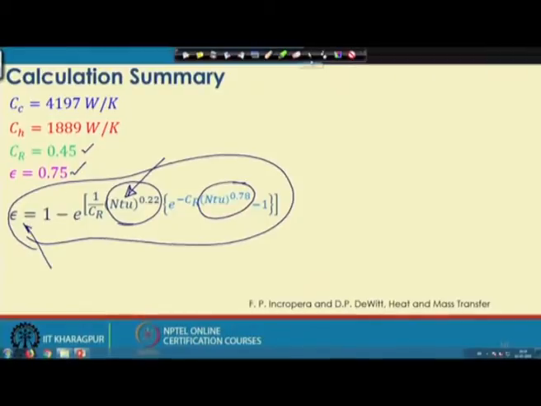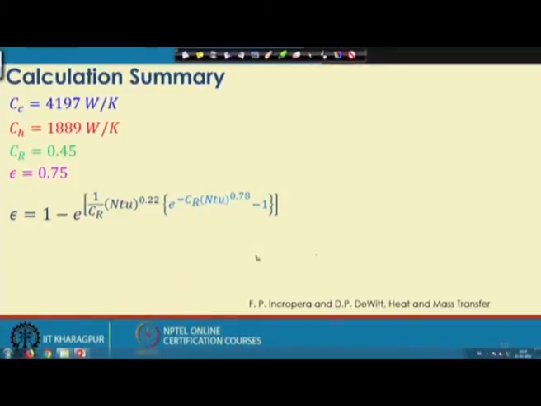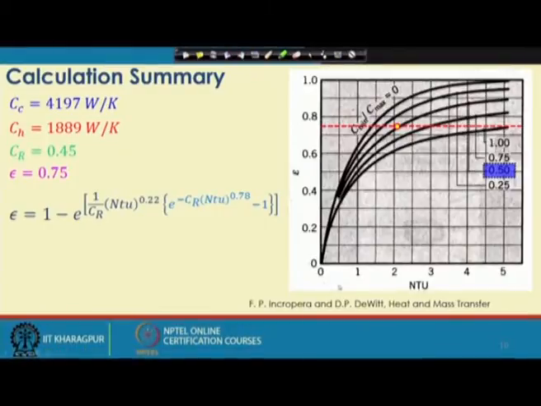So we have to take help of the graphical solution, where we will find the graphical relation for the epsilon versus NTU. This can be obtained for different C min by C max or Cr values ranging from 0 to 1, and this is for Cr equals 0, this is for Cr equals 0.25, Cr equals 0.5, and for us we have Cr equals 0.45.